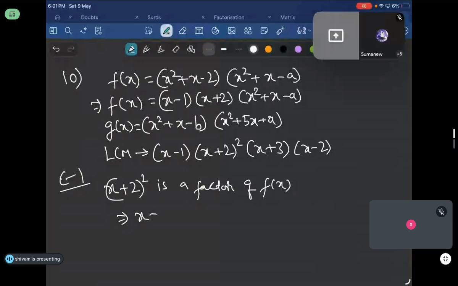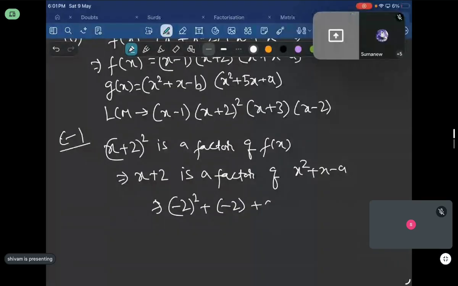So we can substitute x equal to minus 2, right? This implies minus 2 whole square plus minus 2 plus minus a is equal to 0. Right, tell me everyone. So what is the value of a? a is equal to 2. Check. Minus 2 whole square is 4, 4 minus 2, 2, 2 minus a equal to 0, a equal to 2.